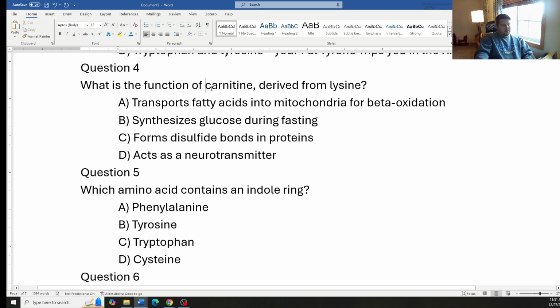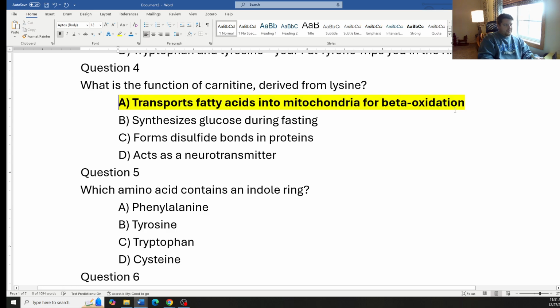The function of carnitine, we'll see carnitine again in a future explanation, but understand that it comes from the amino acid lysine, one of our ketogenic amino acids, and its job is to transport fatty acids into the mitochondria for beta oxidation.